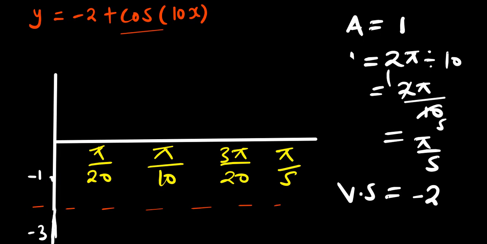Then how is it going to go? So it will pass through this point, pass through this middle point, and pass through that point. So it's going to move like that, passes through that point, and like that. Okay, so this is going to be the graph of that.